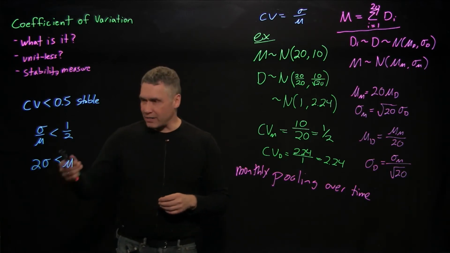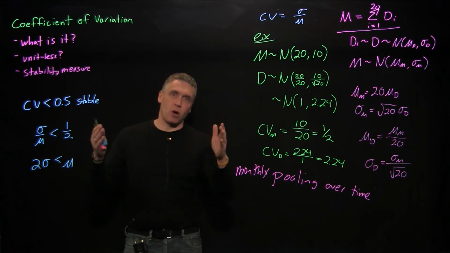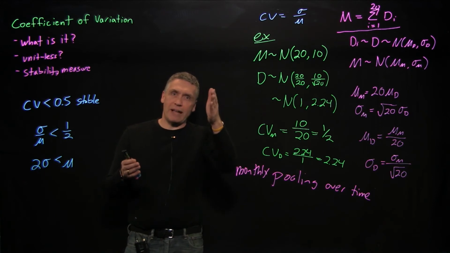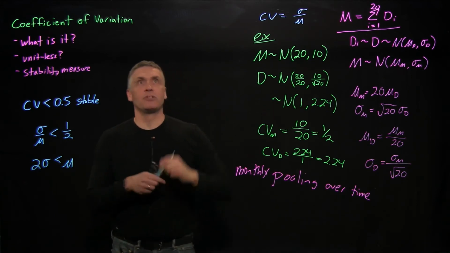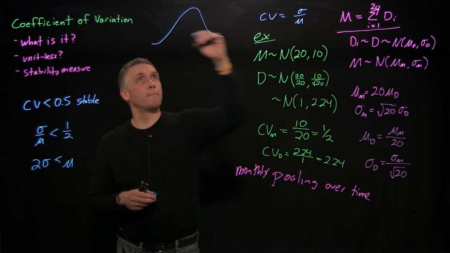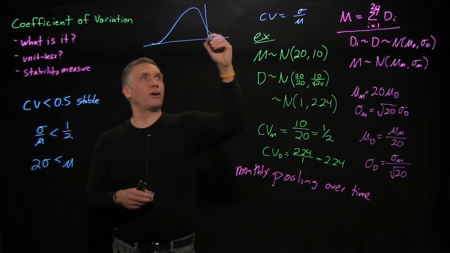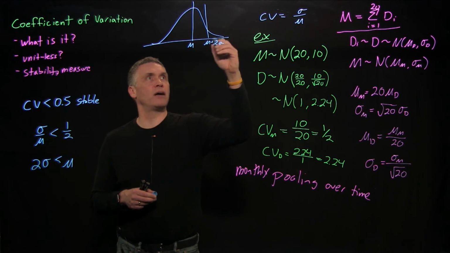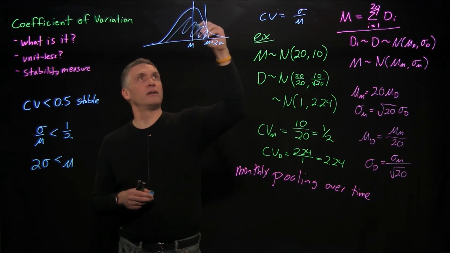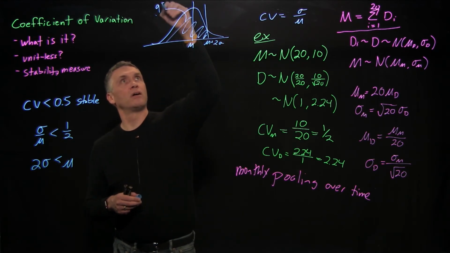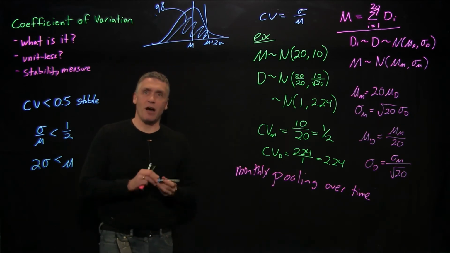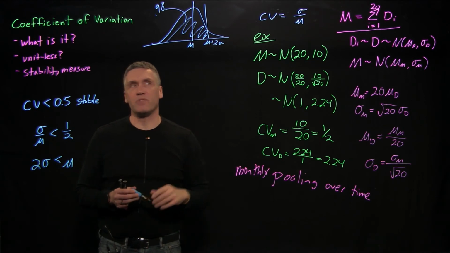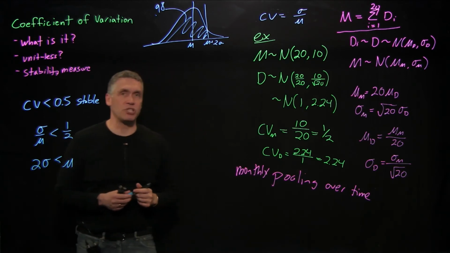If we've got this normal distribution with mean and sigma, and this is the mean plus 2 sigma, then 98% of the probability under the curve is going to be to the left of the mean plus 2 sigma.